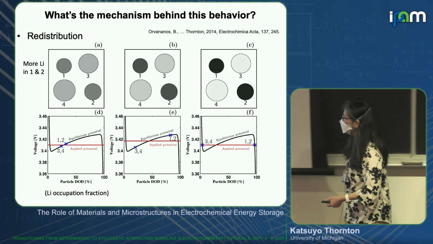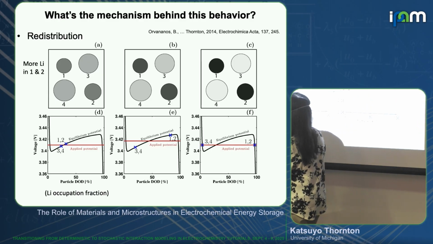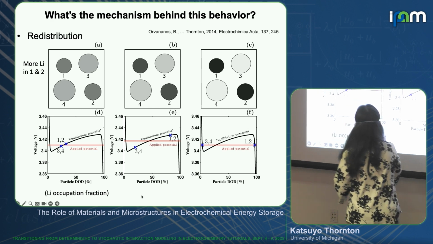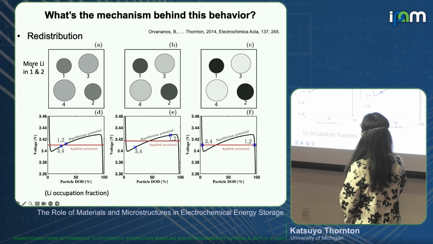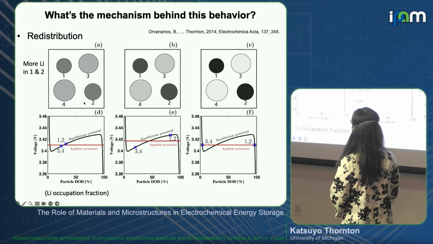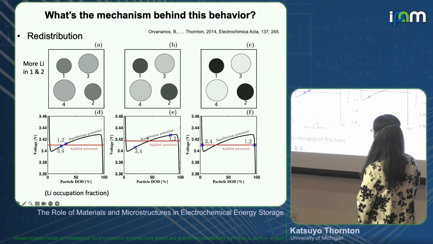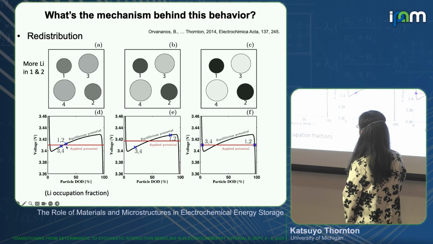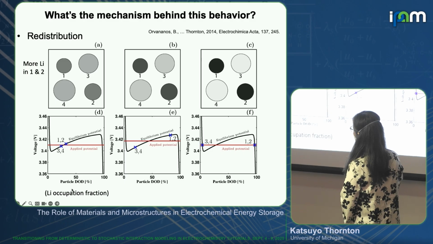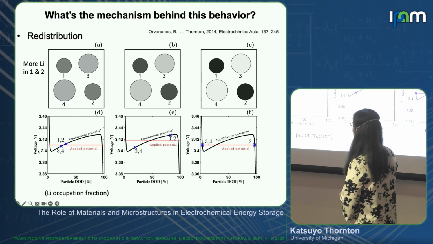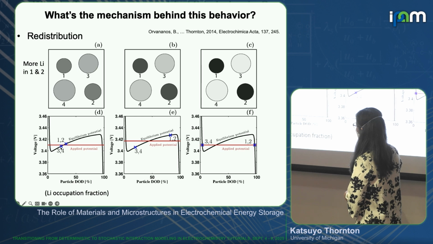So now we can try to understand what's happening. You have 4 particles here. 1 and 2 have more lithium, so they're sitting over here on that diagram. 3 and 4 are less lithiated, so lower in particle depth of discharge, and they are sitting over here.